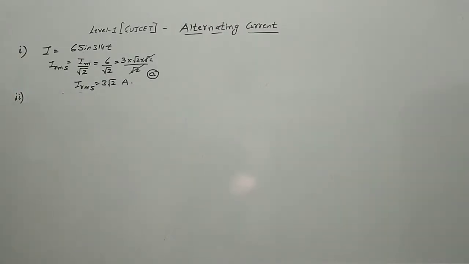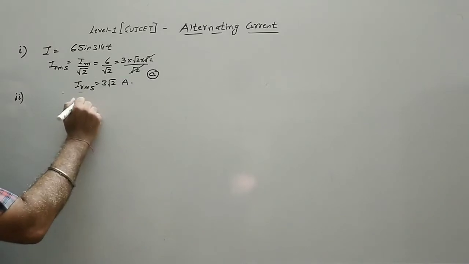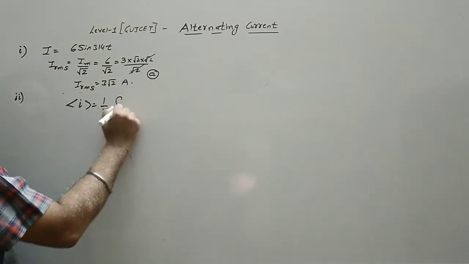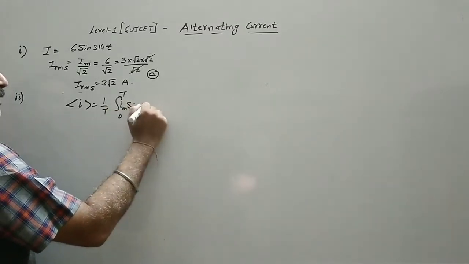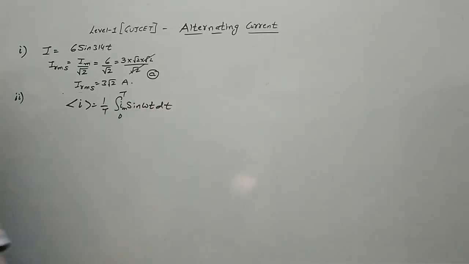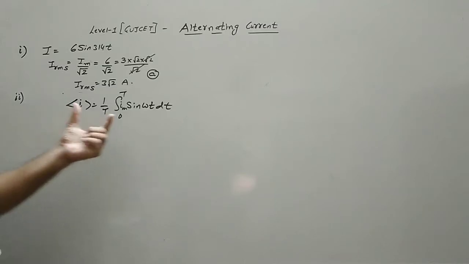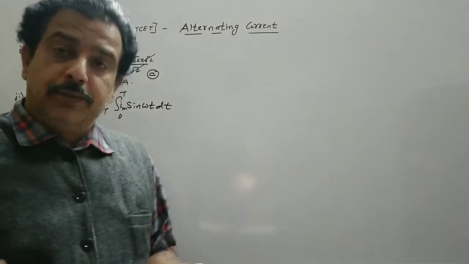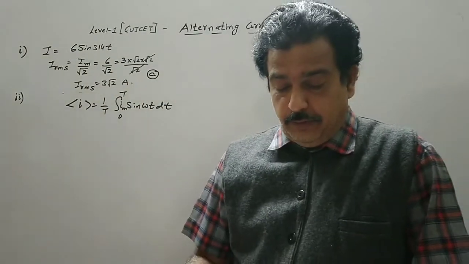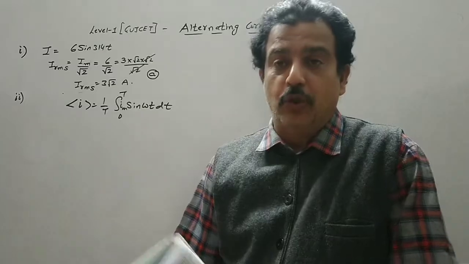So we know how to find the mean. The mean value of the current, or the average value of the current for one complete cycle, is 1 by T, integral from 0 to T of Im sine omega t dt. If you try to do this integration, it comes out to be 0. It is not mentioned in the question what the relation is between mean and virtual value.